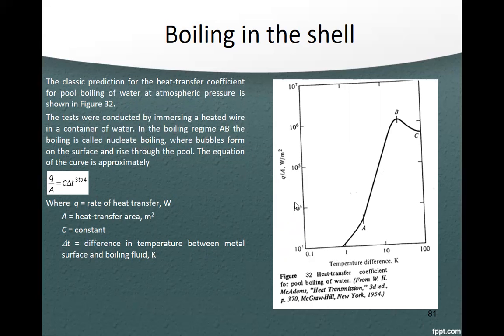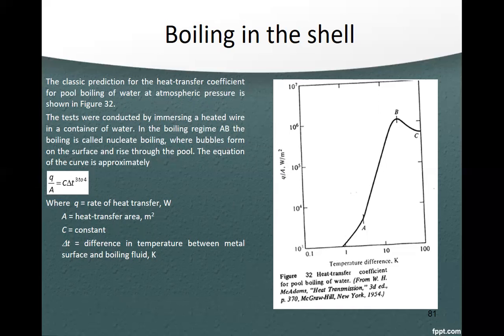In the boiling regime A to B, the boiling is called nucleate boiling, where bubbles form on the surface and rise to the pool. The equation of the curve is approximately Q over A is equal to C delta T to the power 3 to 4, ito lang, A to B, where Q is the rate of heat transfer, A is the heat transfer area per meter, C is a constant, and delta T is the difference in temperature between the metal and the boiling liquid.